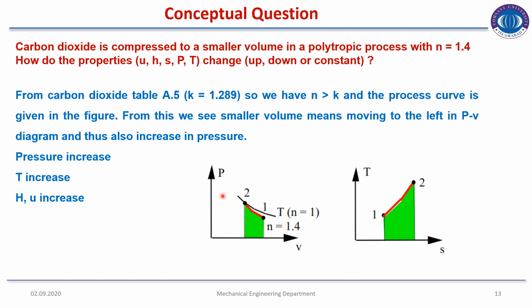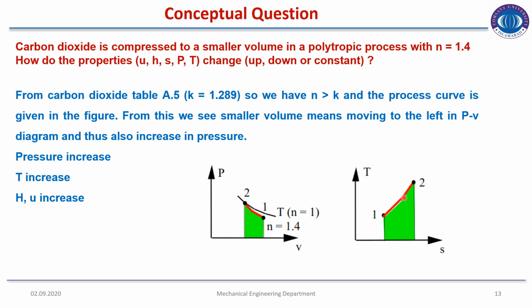So we have the PV diagram and TS diagram. We see the process is moving from right to left. State 1 is represented here, and at state 2 the pressure is increasing and volume is decreasing. Smaller volume means moving to the left in the PV diagram, and thus also an increase in pressure.